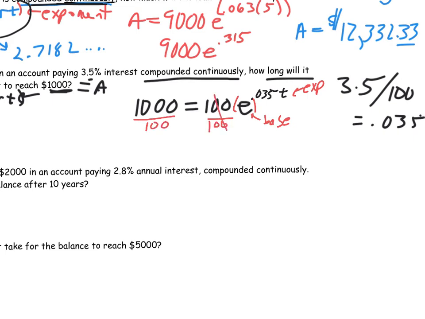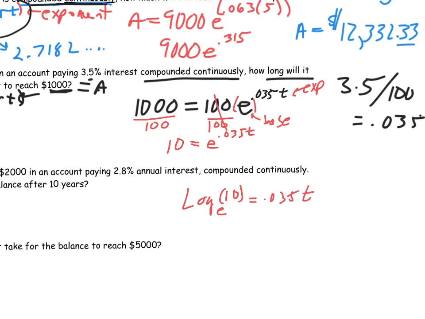That base by itself is basically what you want to do. 1,000 divided by 100 is 10 equals e to the 0.035t power. So if our base is e, you would say this is log base e of 10 equals 0.035t.